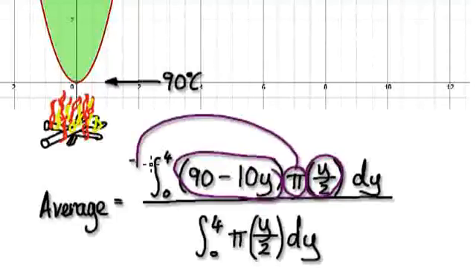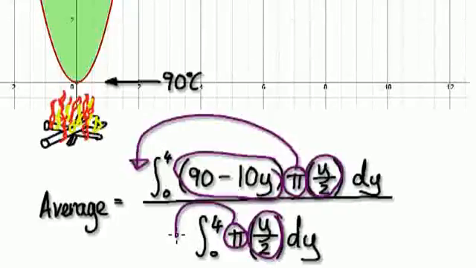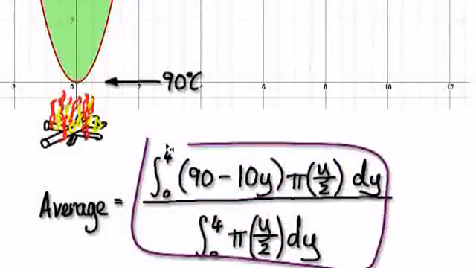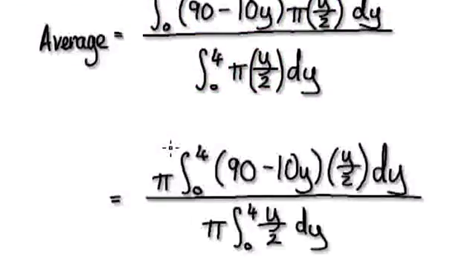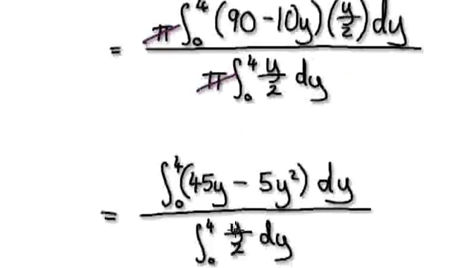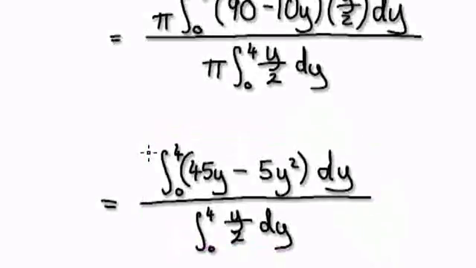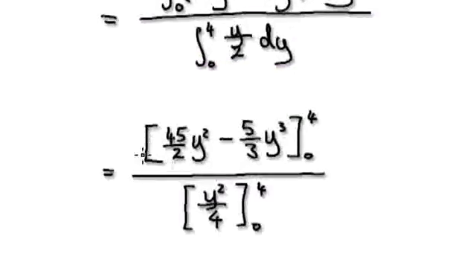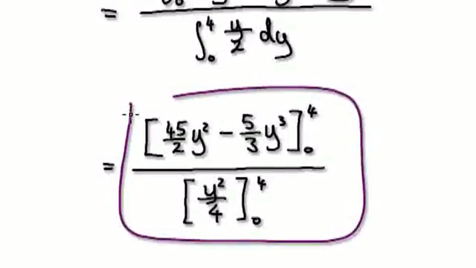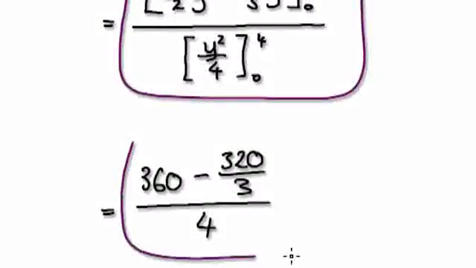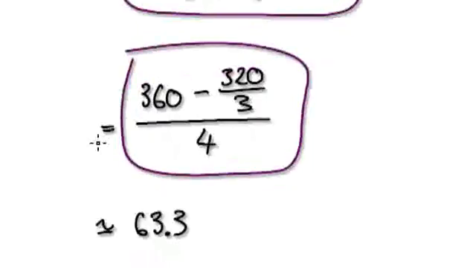So you can actually take the pi out, and then the two pi's will cancel each other out. It will then take you to here. So now evaluate this, and it will give you this, and then that works out to be this, and then jump to your calculator.